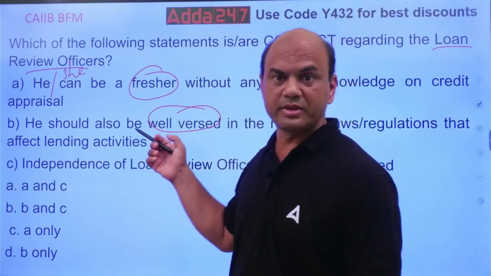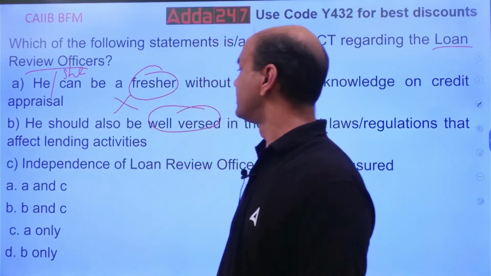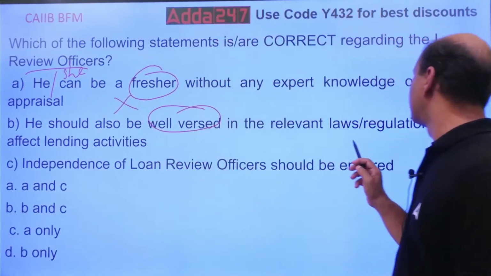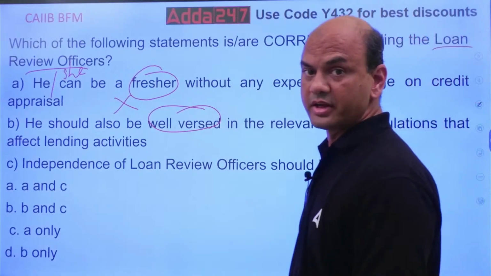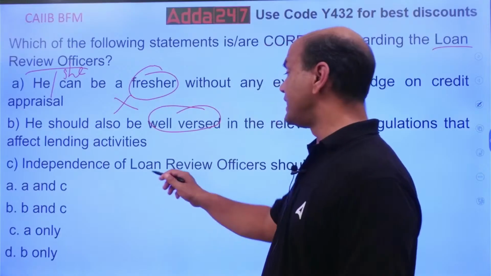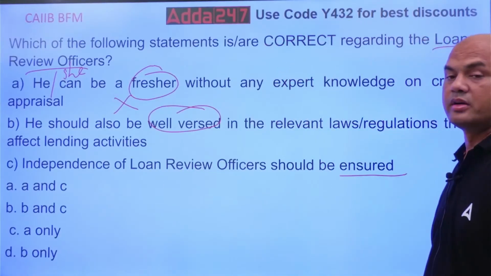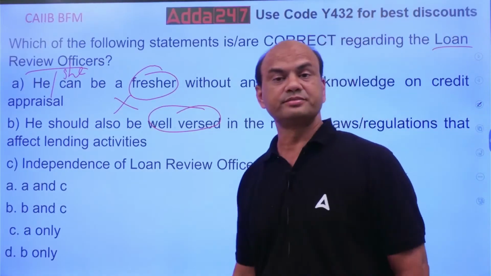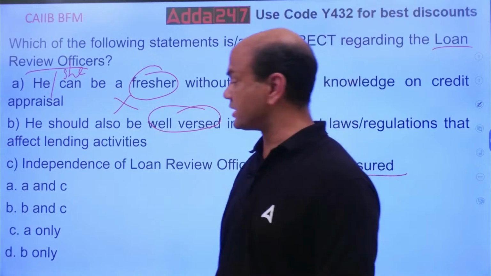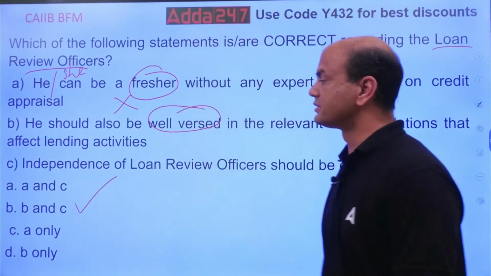So can anyone be a fresher? No, so this is out. Well versed with the relevant laws and regulations that affect lending activities: that is correct. Experienced person. Independence of the loan review officer should be ensured. Obviously it should be ensured. So the answer is B and C. B and C. Got it?